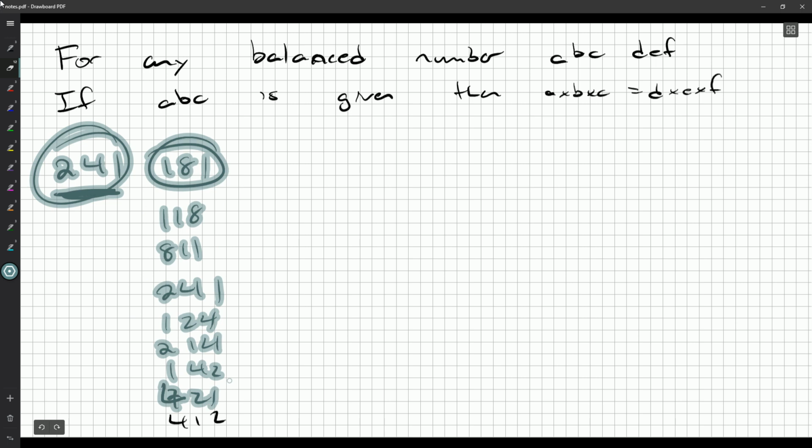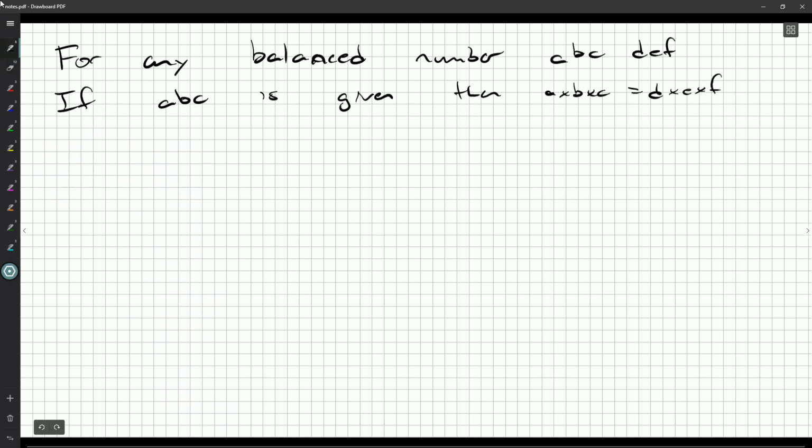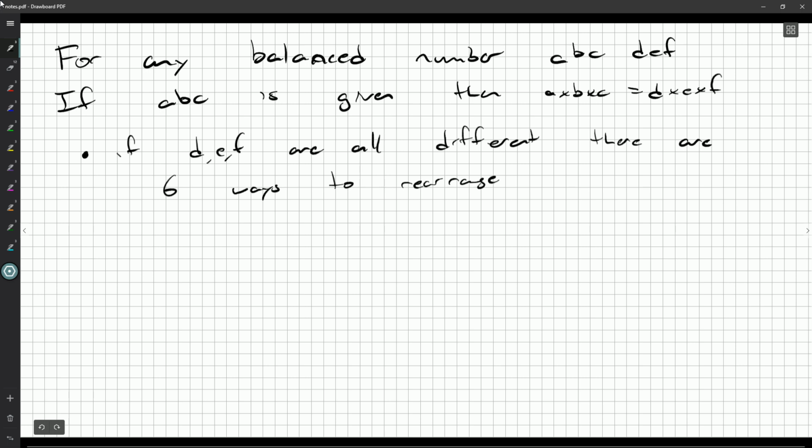So what can we say? If D, E, and F are all different, there are 6 ways to rearrange them. Okay? You have DEF, DFE, EDF, EFD, FDE, and FED.